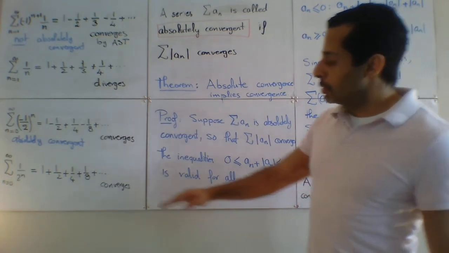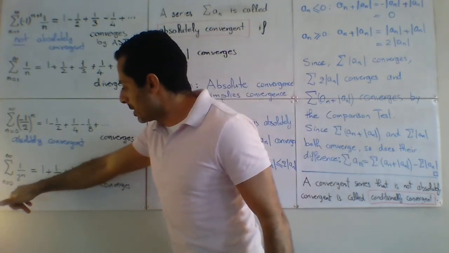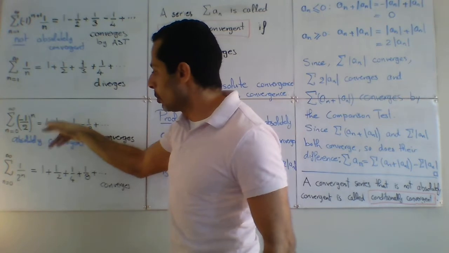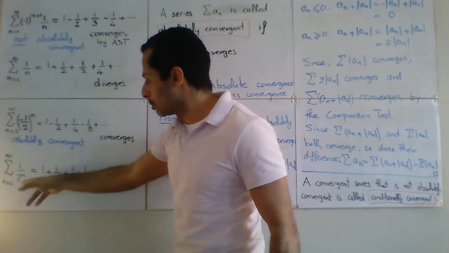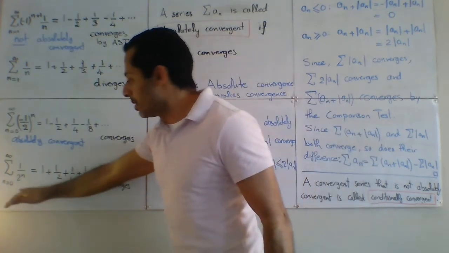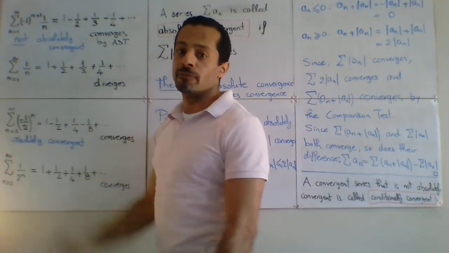For example, suppose we didn't know that this series converges. Just by knowing that the corresponding non-alternating geometric series, where we get rid of the negative signs and put positive signs, converges, we can conclude automatically that the series above converges.